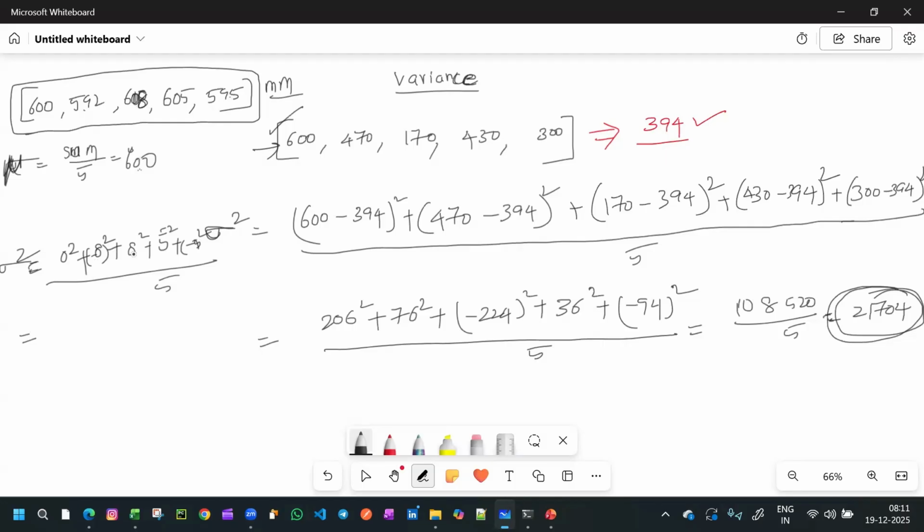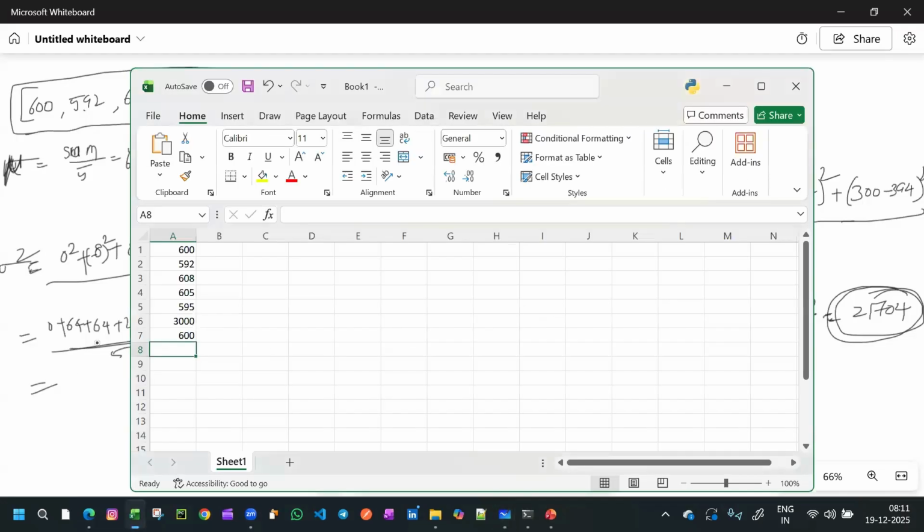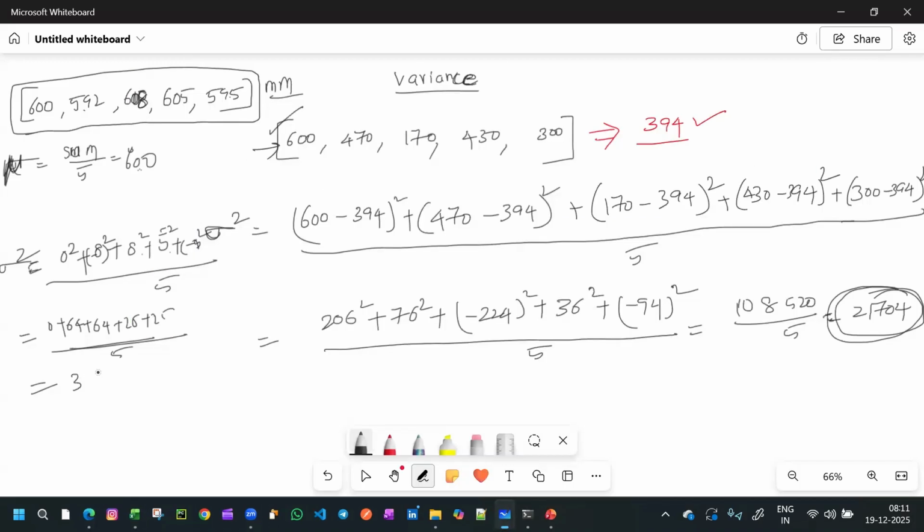So 8 square is 64. 64 plus 64 plus 25 plus 25 plus 0, divided by 5. 64 twos are 128, and 25 twos are 50, divided by 5. So 35.6 is my variance here.